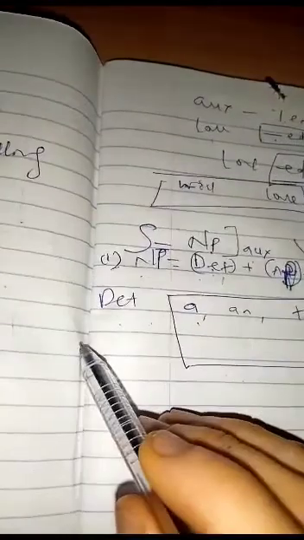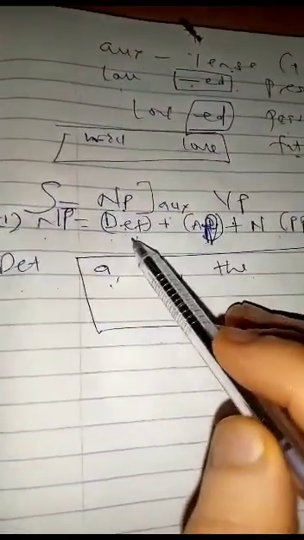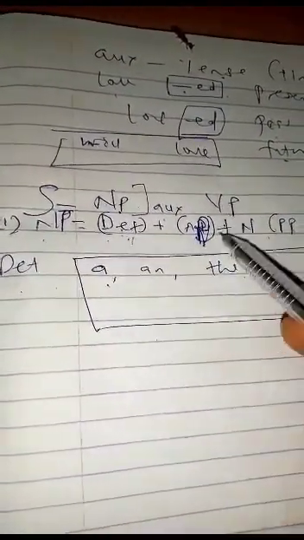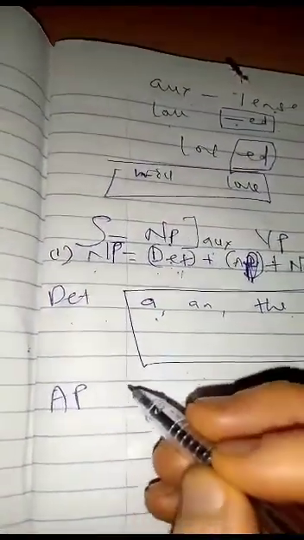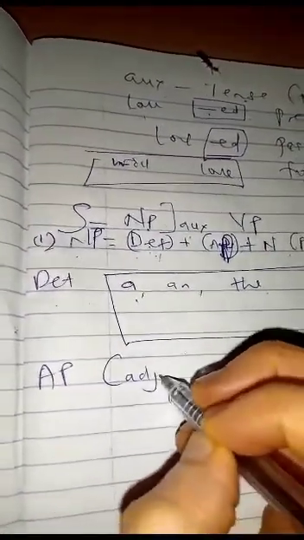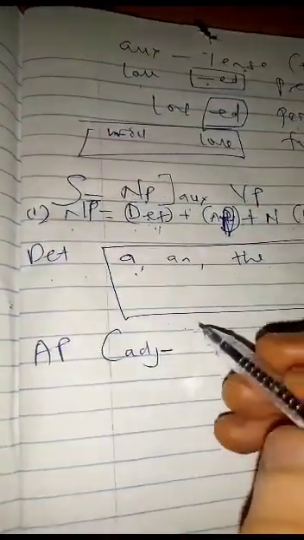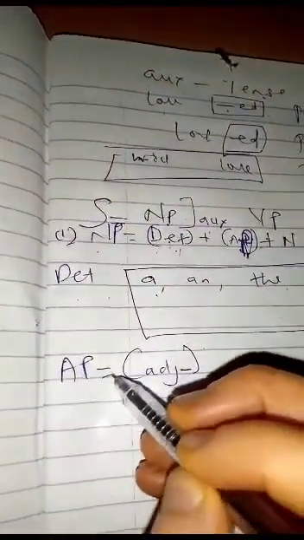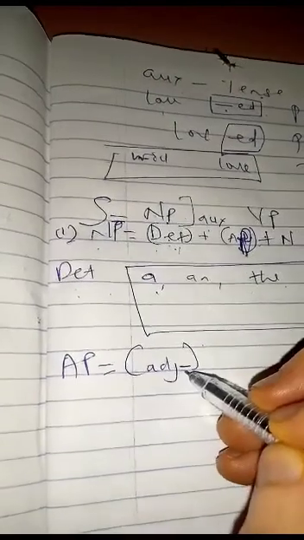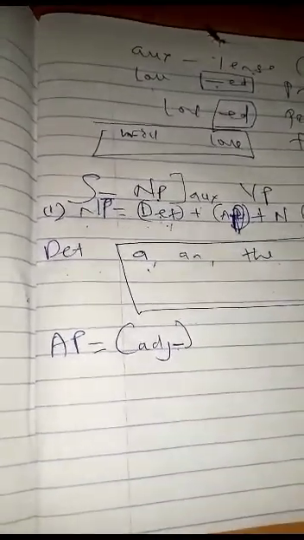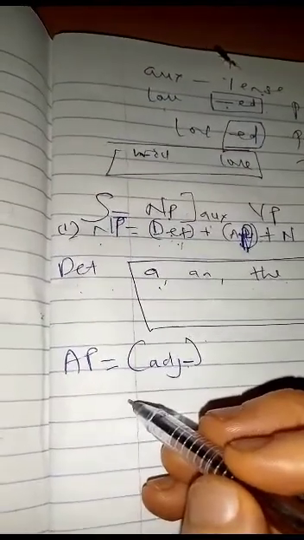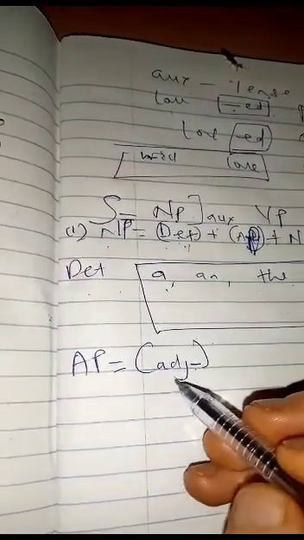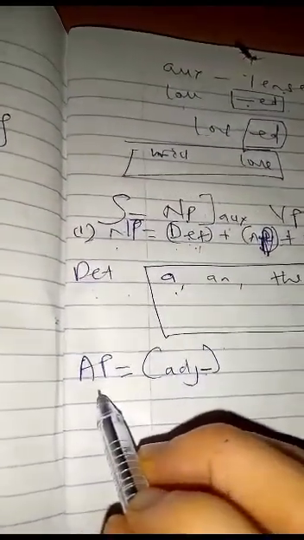Okay? Good. Now the next part of an NP, which is also optional, is the AP. The AP simply means adjective or more than one adjective. So an AP means you can have an adjective or you can have more than one adjective. So if I have an adjective, it's under the AP, even if it's only one.